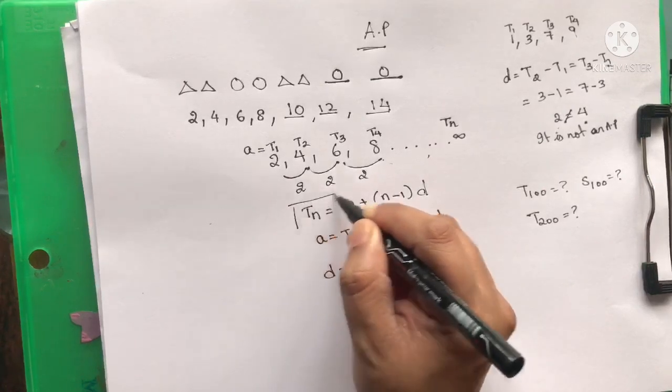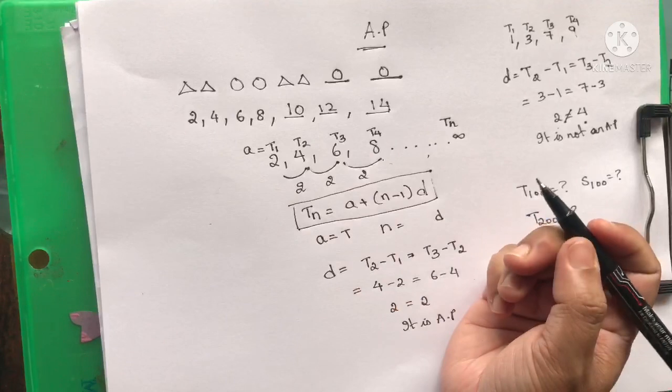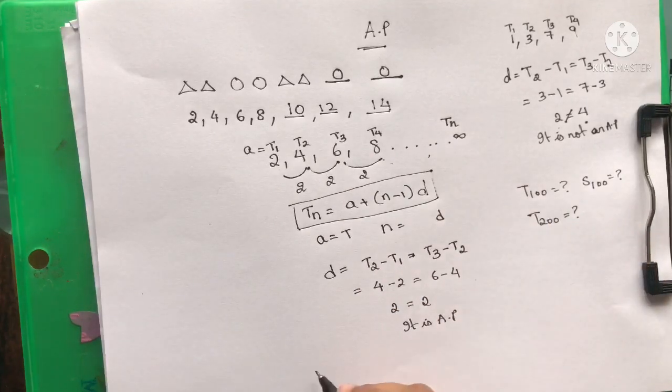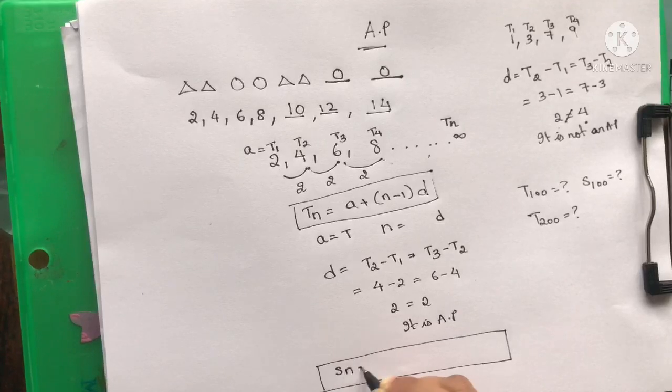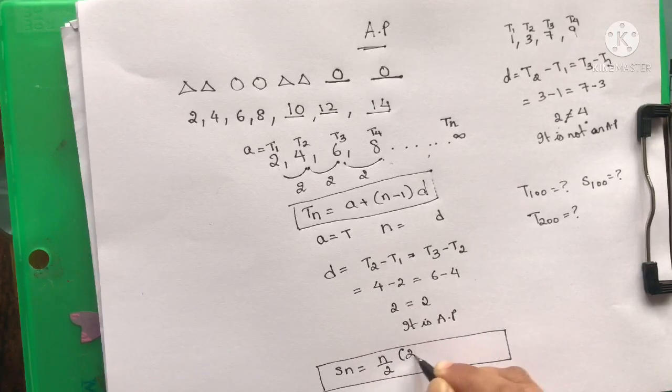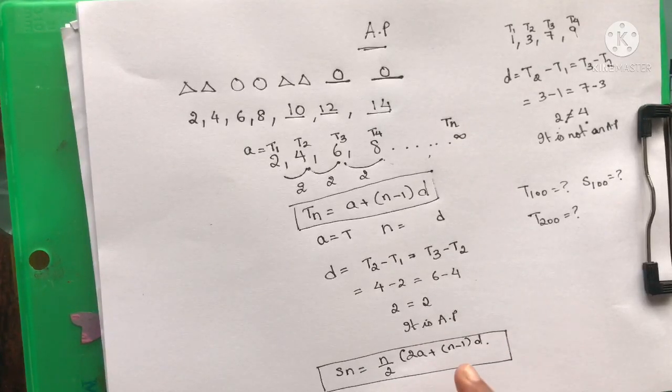So we went through the first formula of AP. It is Tn equals A plus n minus 1 into D. The second formula is Sn is equal to n by 2 into 2a plus n minus 1 into D. This is the formula to calculate the sum of the terms.